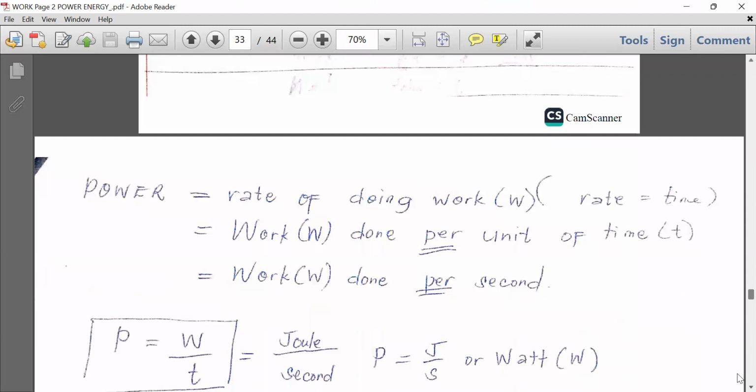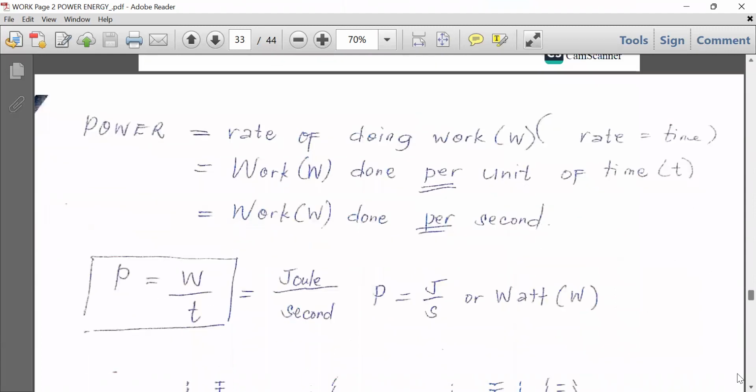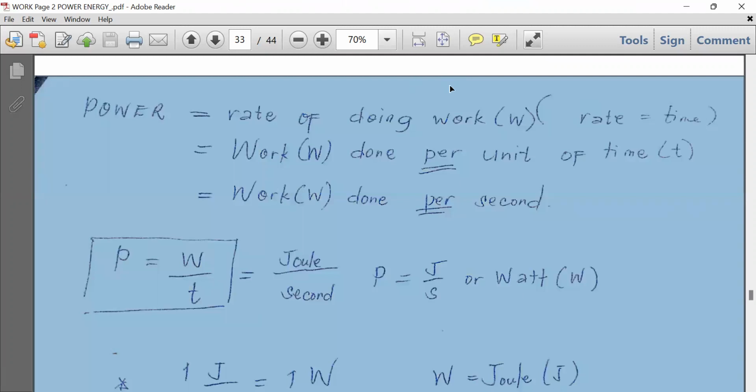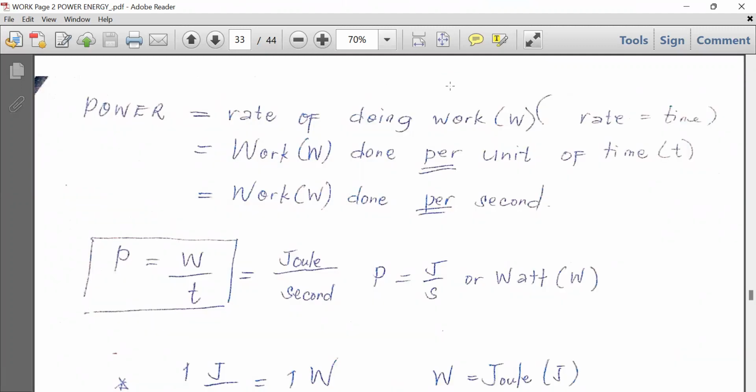Okay, how about power? The rate of doing work, how fast you do the work, is called power. Let's say you have machine A and machine B. Machine A has a power of 100 watts and machine B has a power of 200 watts.